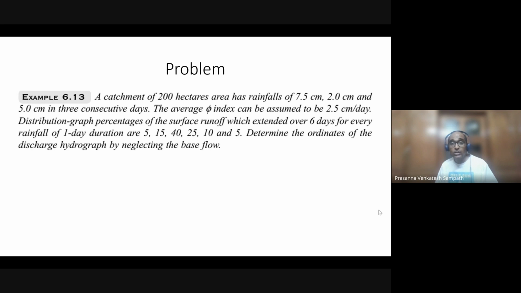Correct. Thank you. So, if I have an infiltration index of 2.5 centimeters per day, and if the amount of rainfall received is less than that, it's only 2 centimeters, then all of that water is going to infiltrate, which means no runoff will be produced on the second day. Thank you very much.